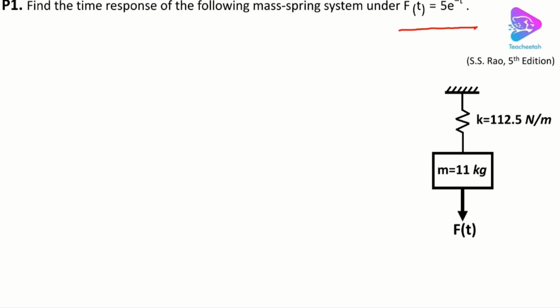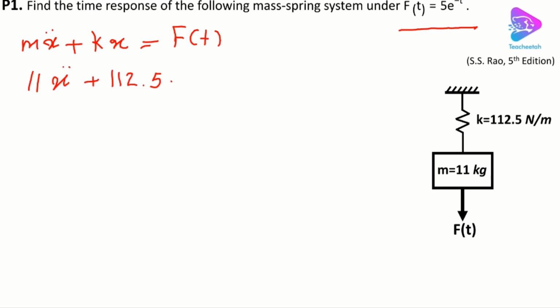So we can write down the equation of motion as m x double dot plus k x is equal to f(t), and if we plug in the numbers, we simply have 11 x double dot plus 112.5 x equals 5 e^(-t).